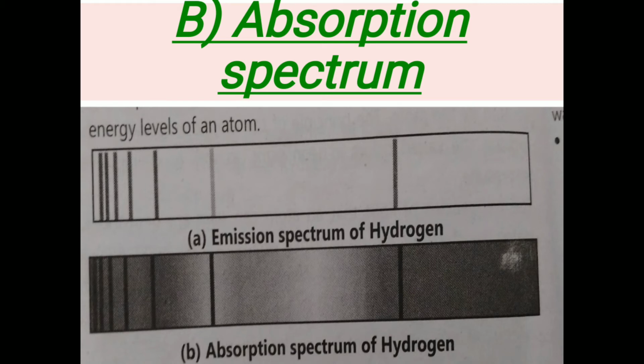The gaps correspond to the wavelength for which there is a corresponding difference in the energy levels of hydrogen gas. The absorbed photons showed up as blank lines because the photons of these wavelengths have been absorbed.